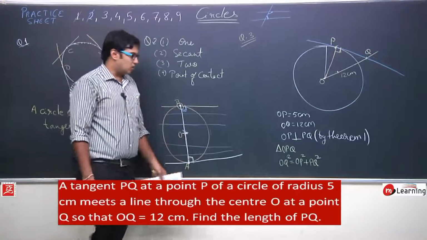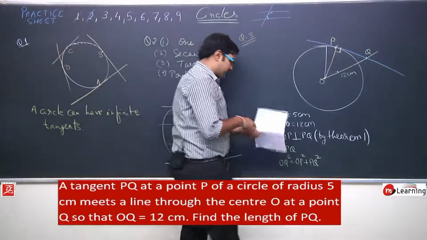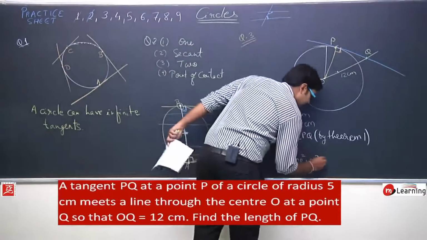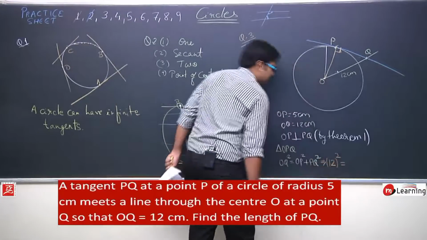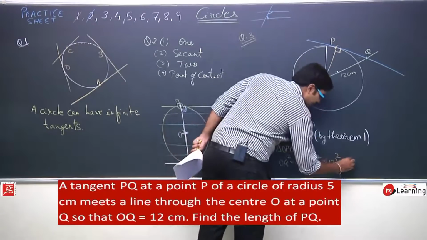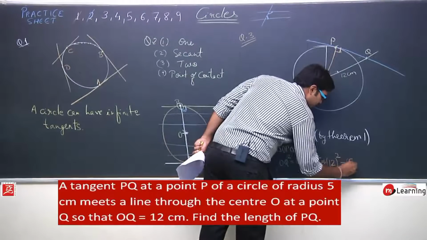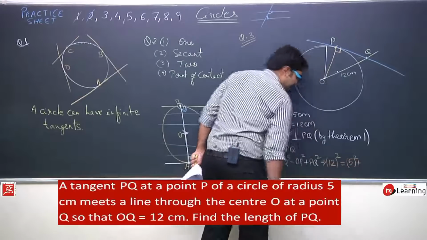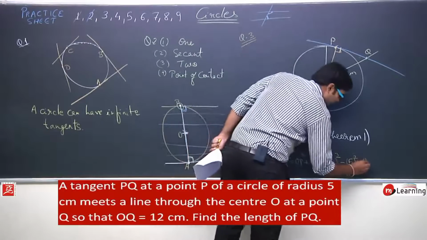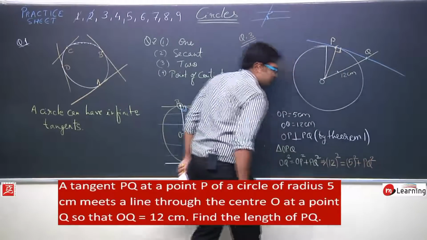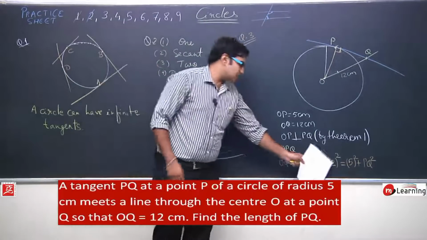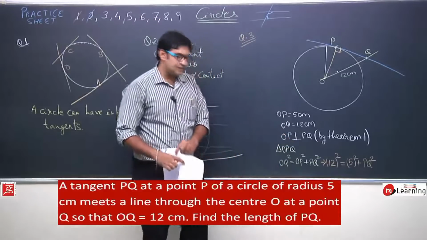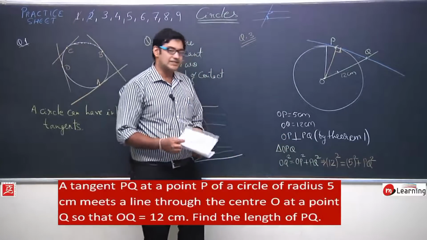OQ is given as 12 centimeters, OP is 5 centimeters, and PQ square is as it is. So 12 square is equal to 5 square plus PQ square.